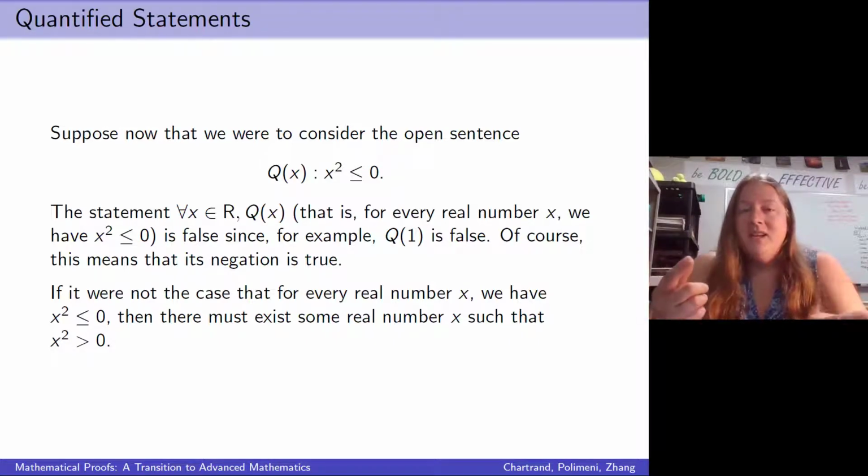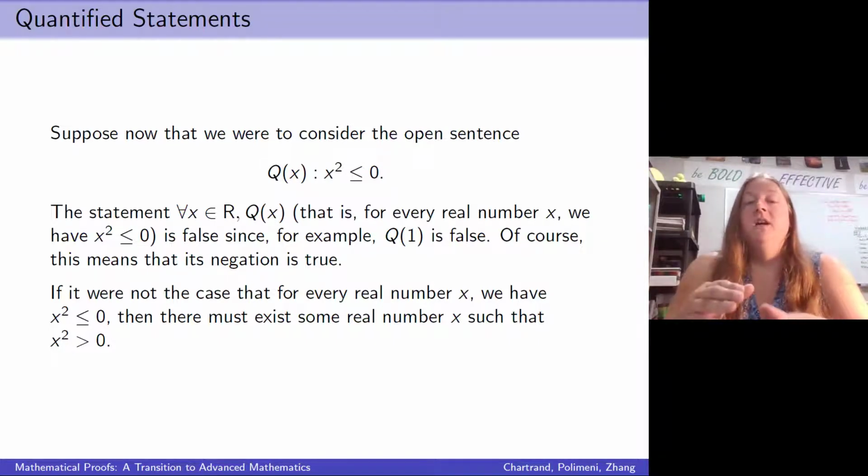So really, the negation of this is saying there exists at least one that is the opposite. So we really have the negation of this is there exists some real number x such that x squared is greater than 0. Notice what I've done is I've gone from having the universal quantifier to the existential quantifier.